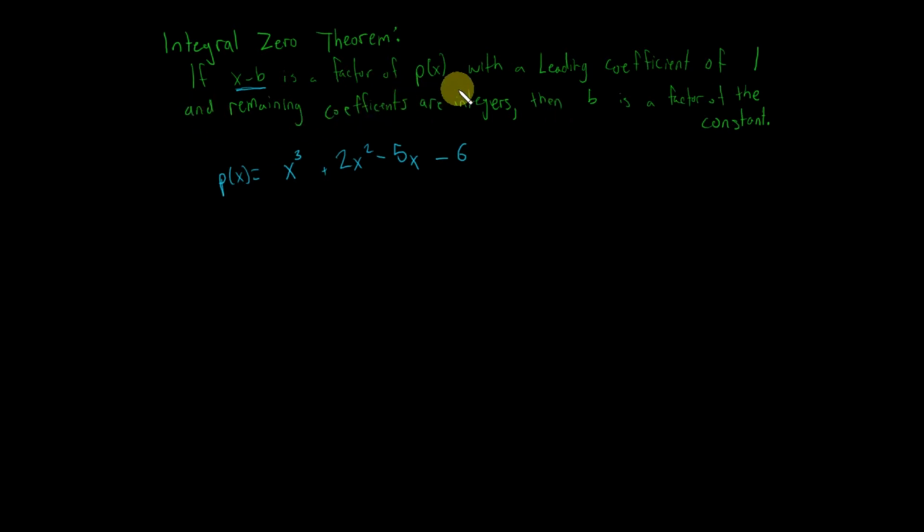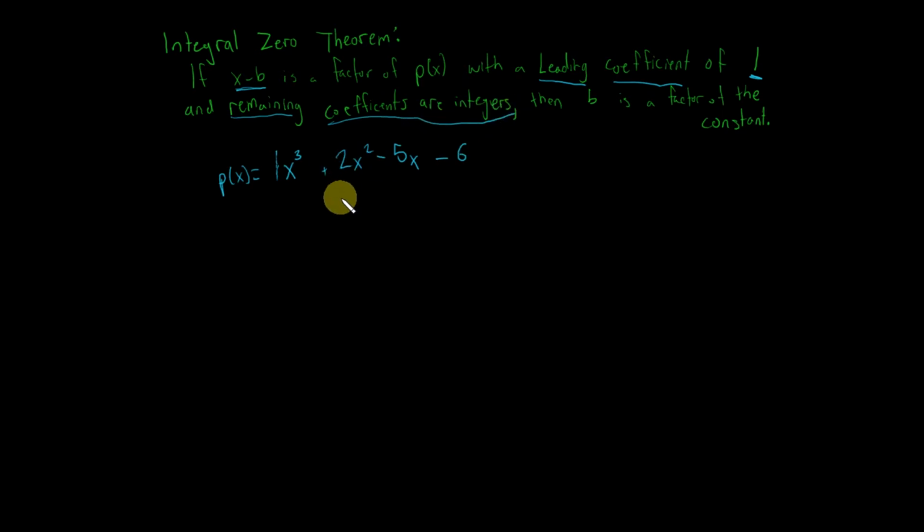So let's look at this first. First of all, let's make sure that we can actually use the integral zero theorem. So, does this have a leading coefficient of 1? Yes, it does. It's not shown there, obviously, because it's just a 1. And then the remaining coefficients are integers.